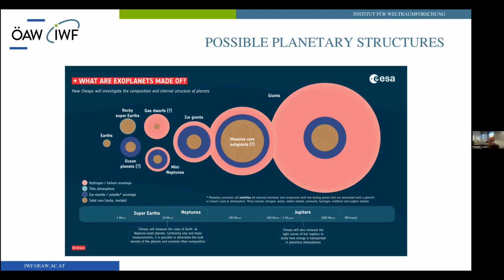One can have a planet that has a giant, very big rocky core, so it's very heavy, and a very tiny atmosphere that makes the planet small, and that might look identical to a planet that has a small core and a very big hydrogen envelope, but the two planets are completely different.